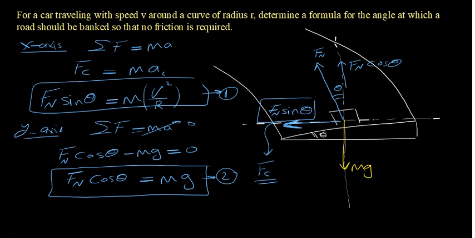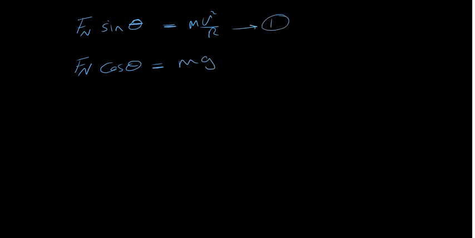All right, so I will just take everything out and rewrite things. The equations I have are the normal force sine theta equal m v square over r, and also we have normal force cosine theta equal mg. That was 1, here is 2. Now, how do we deal with this?